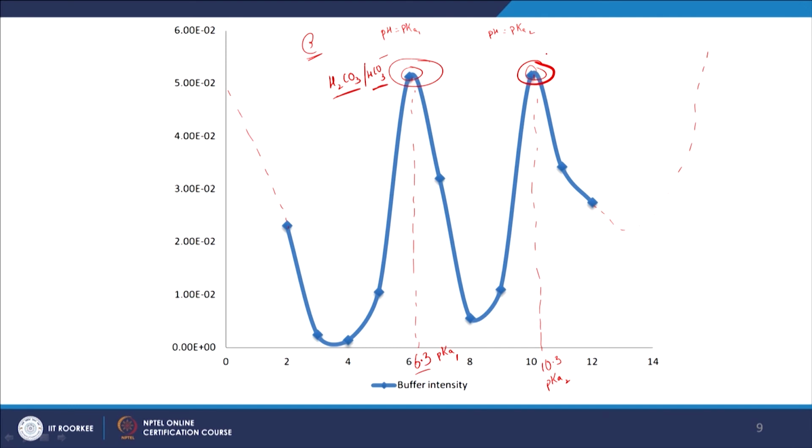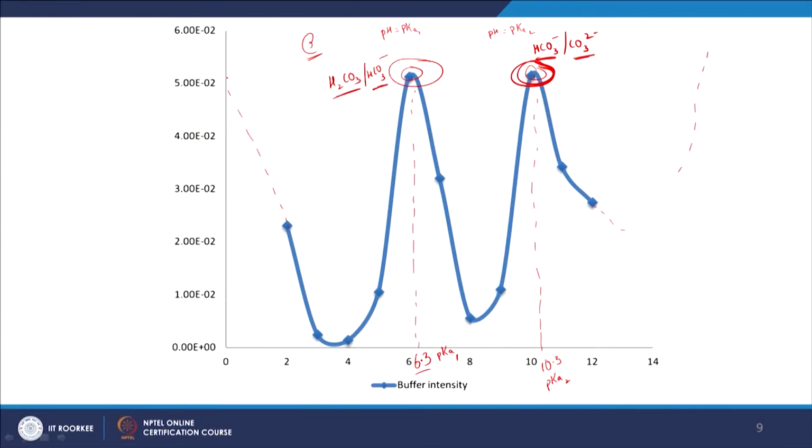And at this point, what are the relevant conjugate acid base species? They are going to be HCO3 minus and CO3 2 minus. So, at this point, HCO3 minus will act as the acid if required, and CO3 2 minus will act as the base if required. Thus you will have high buffer intensities, which you see here, when the pH is equal to the pKa.